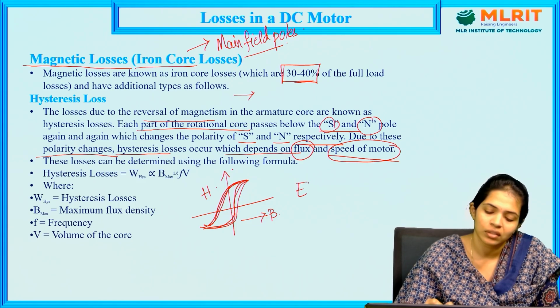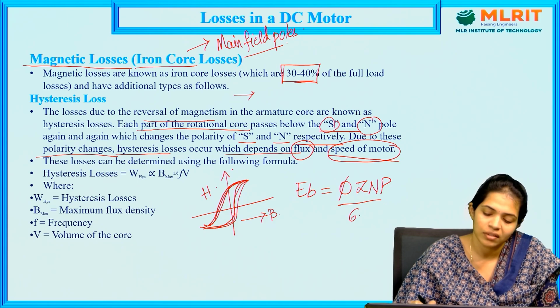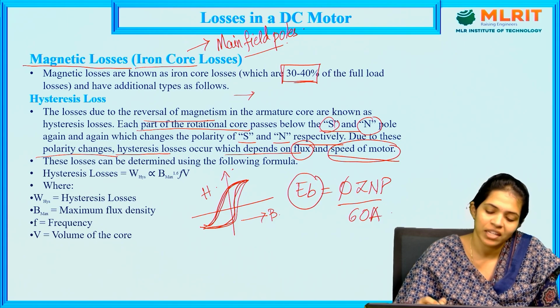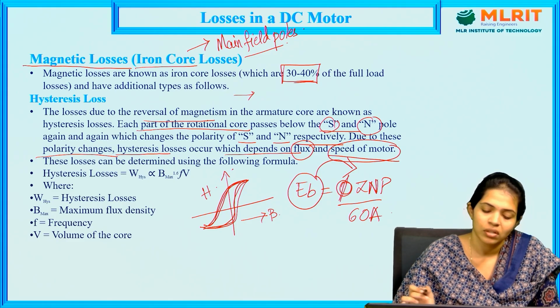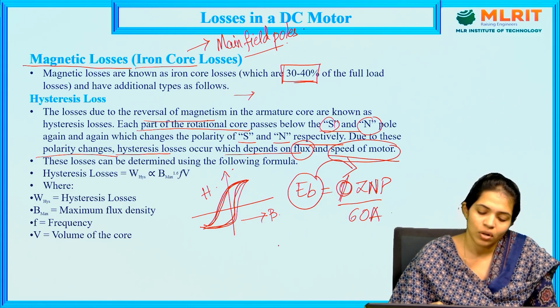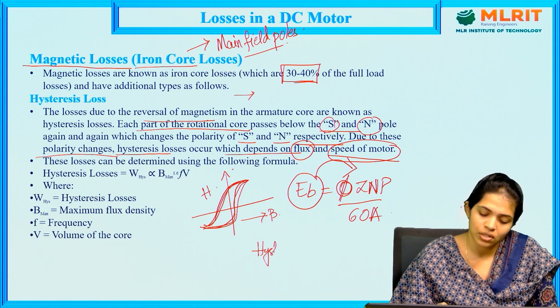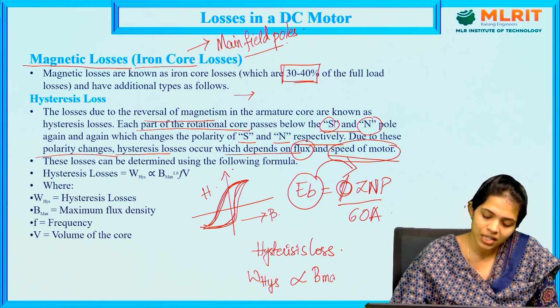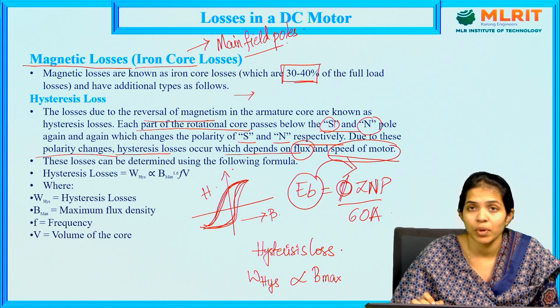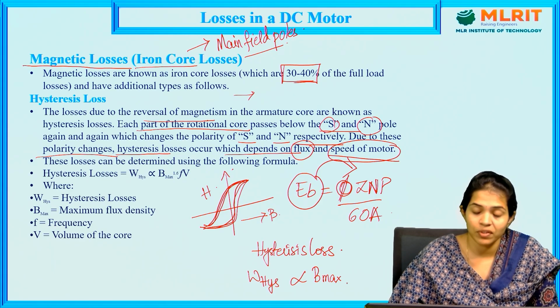We know that Eb is given by ZNP by 60A. Back EMF is dependent on the flux and the speed of the machine. That is why the energy lost due to hysteresis loss is given as W hysteresis, which is directly proportional to the magnetic flux density, or the flux per pole under the influence of the different poles in the stator.